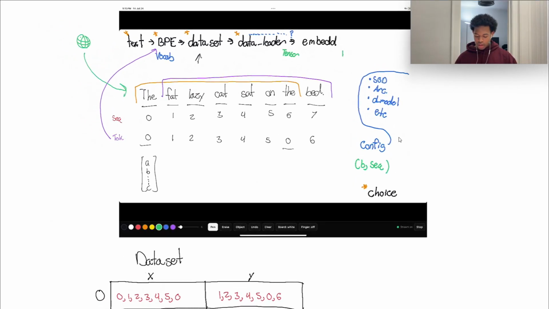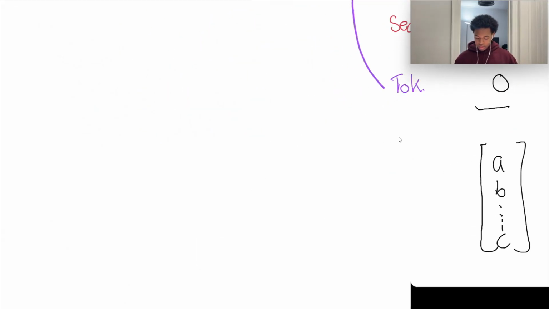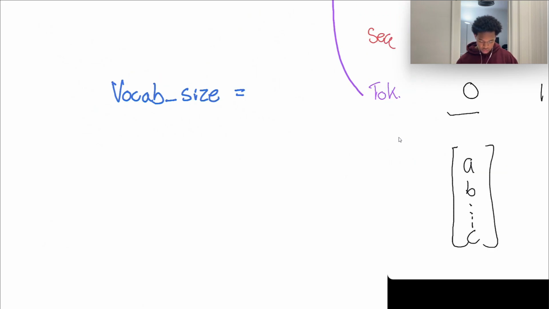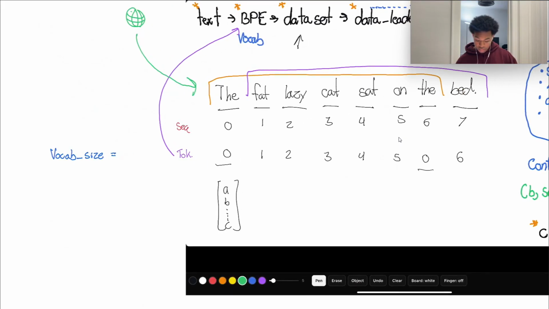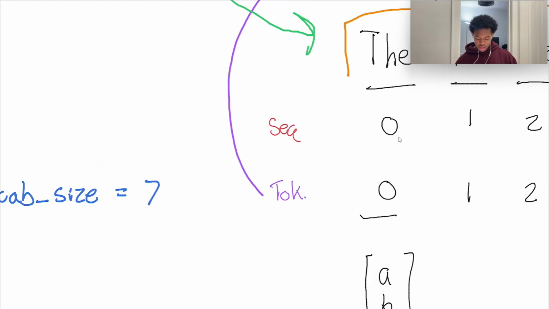That's our text. We tokenize it, and we get our vocab space, every ID for our potential tokens. The size of our vocabulary equals 7.